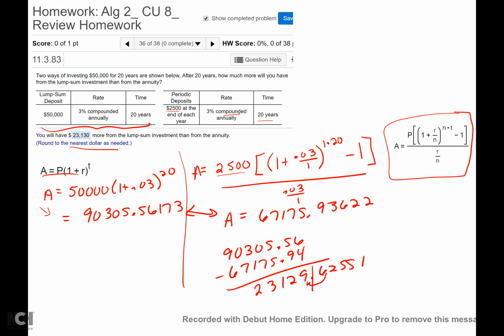So this 6 would bump up this 9 to a 10, carry over, makes that a 3, and everything else comes down, and that's $23,130.